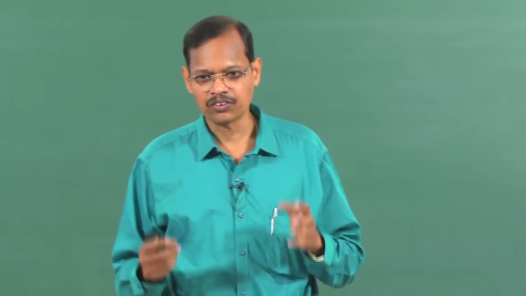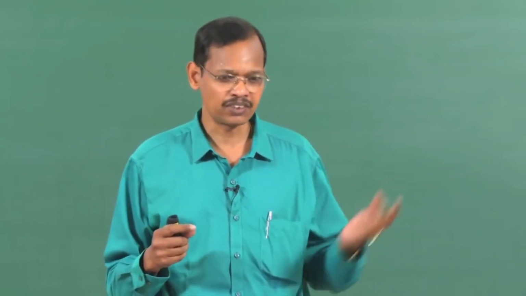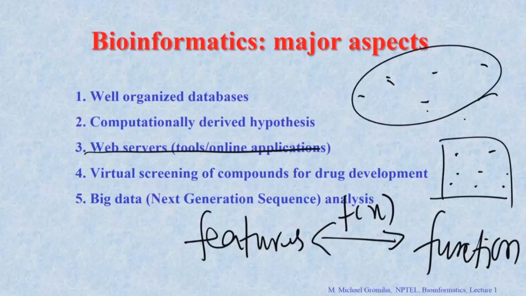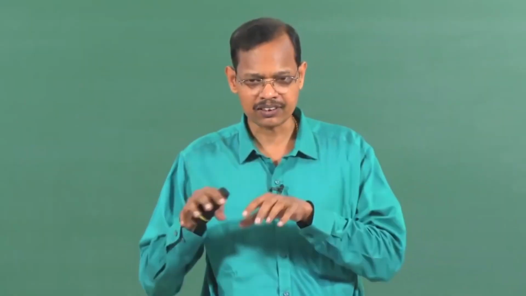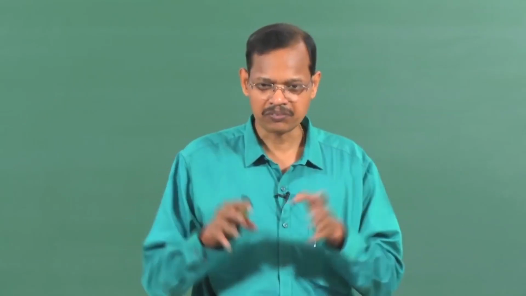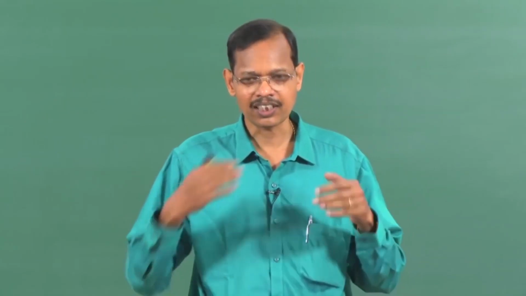For example, if you find some patients affected with cancer, Parkinson's disease, Alzheimer's disease and so on, how is the genome or proteome different from healthy individuals? They get the full sequence data for the patients, and they get the data from healthy individuals, and they compare.